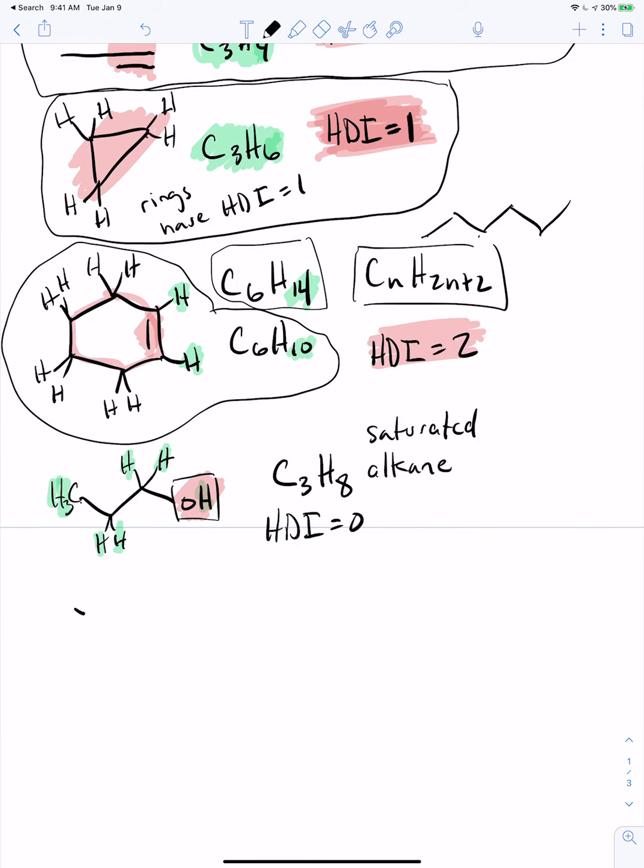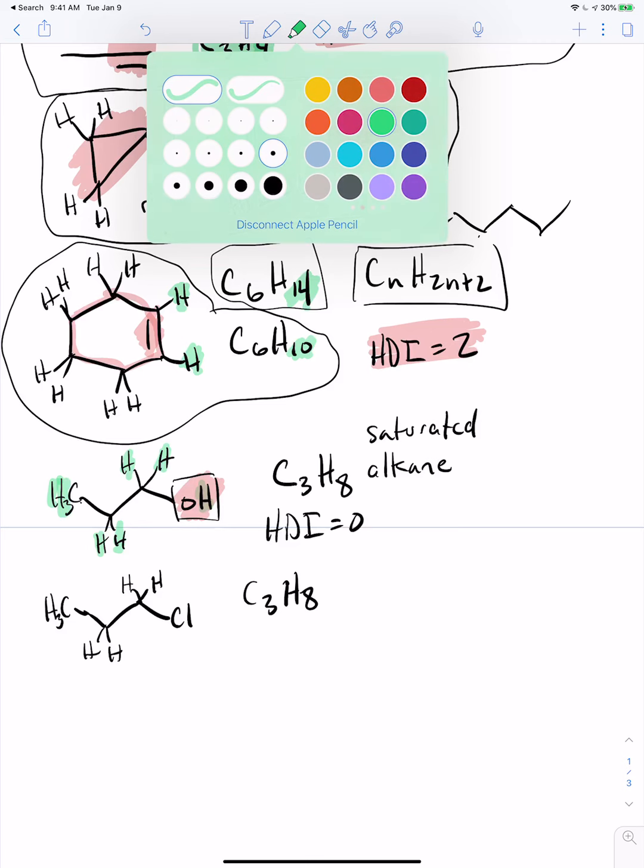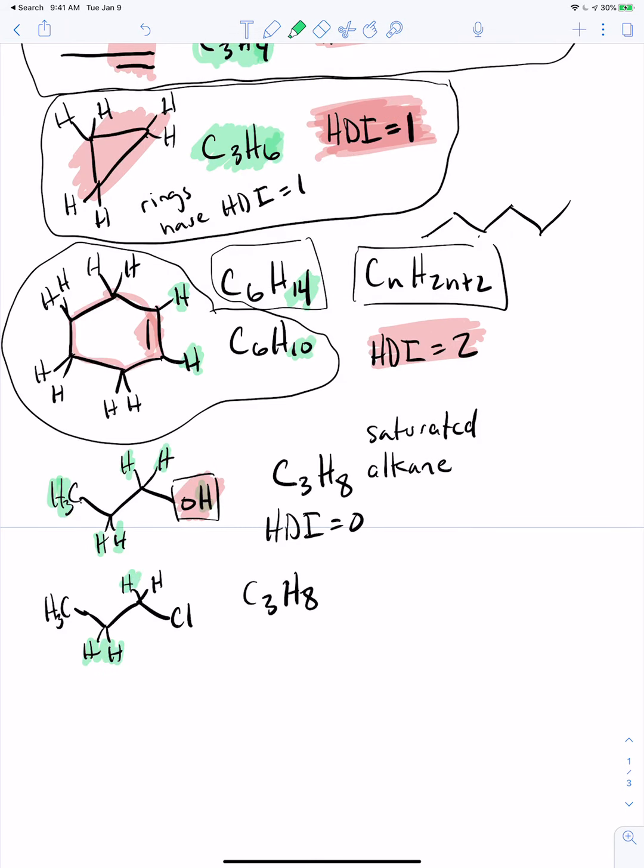I mean, you can do the same thing for chlorine, or like the halogens in general. You could say, well, what effect does this have on it? Well, again, I can take my parent chain and say, okay, I've got C3H8, and then count up what I actually see here. 2, 4, 4 and 3 is 7.